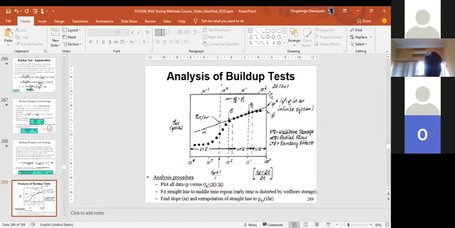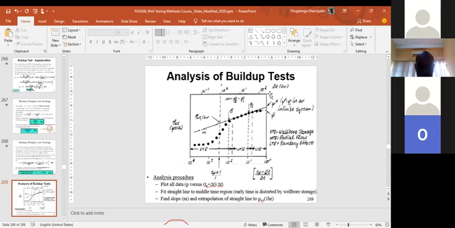So when you do the MDH plots, you plot shut-in time directly. You're not doing any conversion to Horner time. You know, we had to do a conversion of shut-in time to Horner time. So for this one, you just plot the shut-in time directly, and then you use that in your analysis.